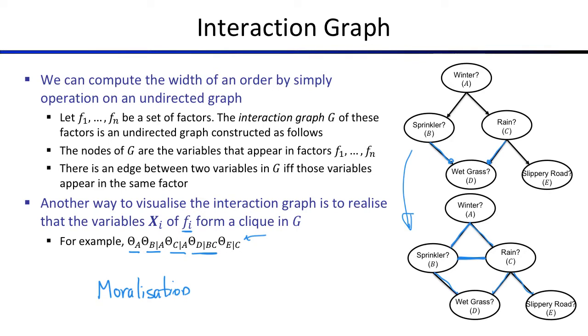In this case, in order to have a clique here, we need to connect this variable and this variable together. So we're going to have this small clique here. For e and c, it's going to be just an edge connecting these two variables together.